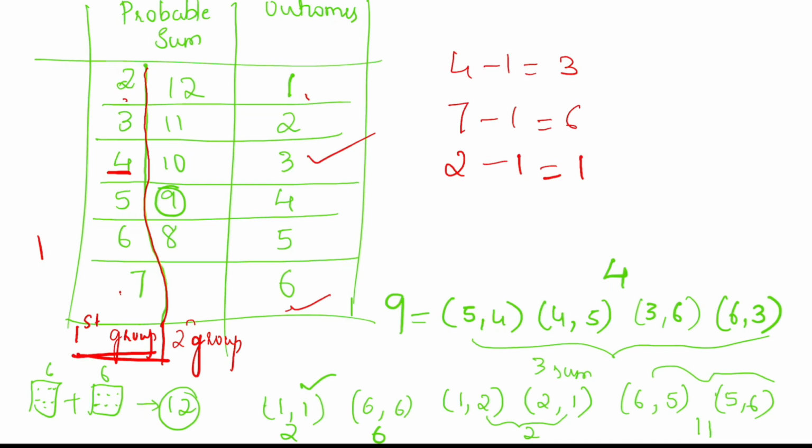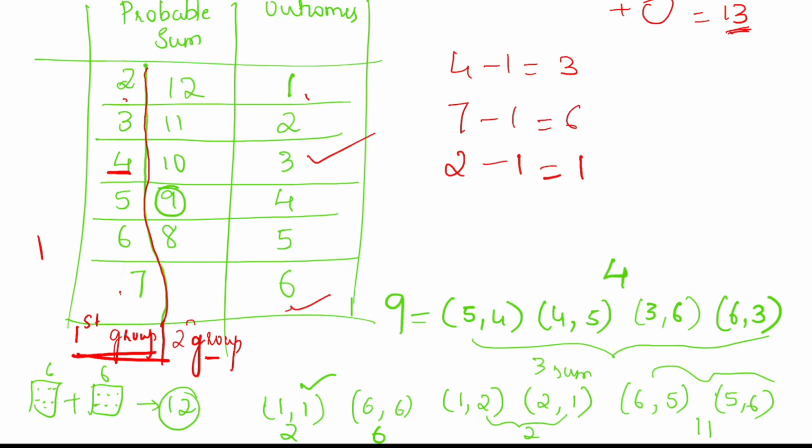Now if the number lies in the second group, you should always see by adding how much it becomes 13. Whatever number you add that makes 13, that will be your number of outcomes.